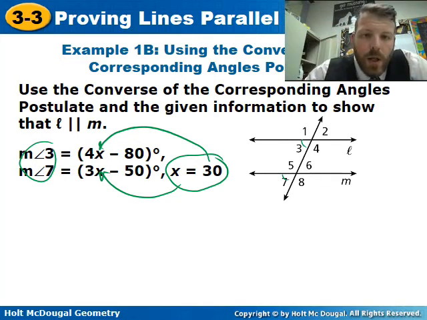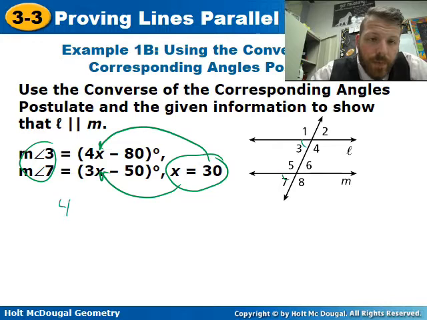When you plug 30 in, you take 30 times 4, you get 120. You subtract that from 80, you get 40. And you want to show that this is 40. So you plug 30 in, you get 90 minus 50, which is 40. So 40 is equal to 40, right? This is how you're going to write these. You say, 40 is equal to 40. The measure of angle 3 equals the measure of angle 7.